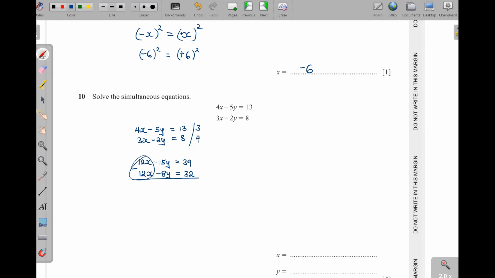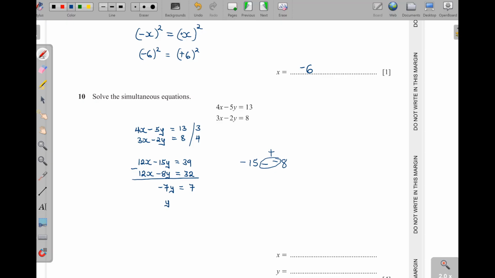So this one has disappeared. Now we have negative 15 minus 8. You see that? Now this one is going to become a plus. So when it becomes a plus, we shall get negative 15 plus 8. That is a negative 7. So here I'll have negative 7 of y, which is equal to 39 minus 32. That is a positive 7.